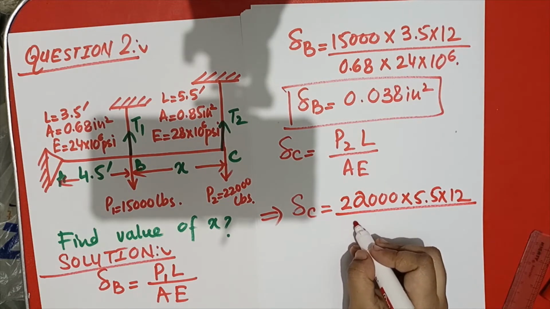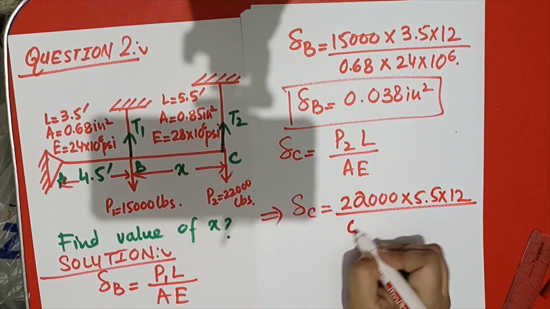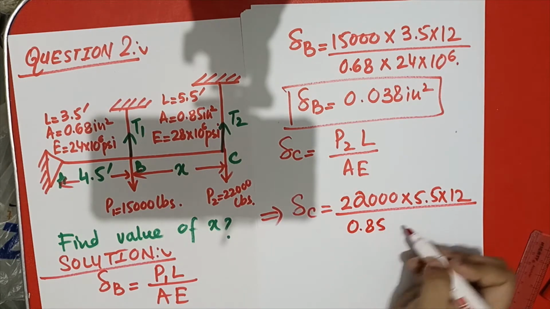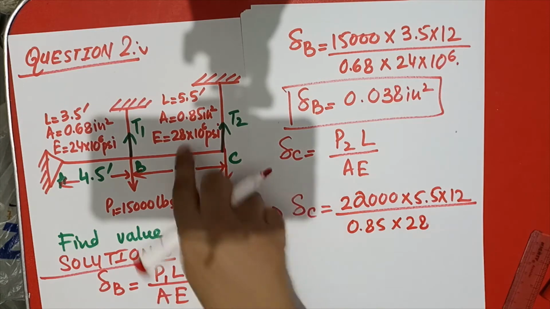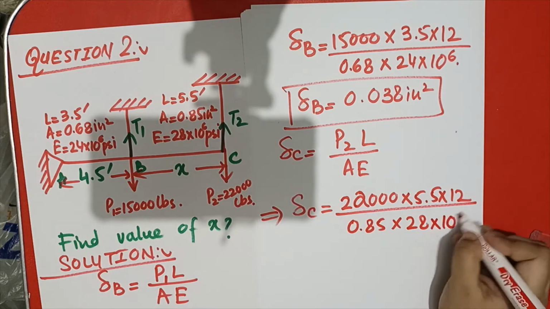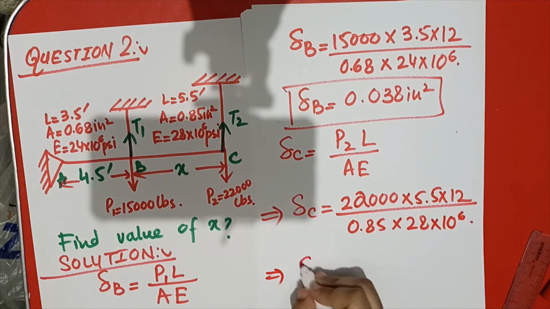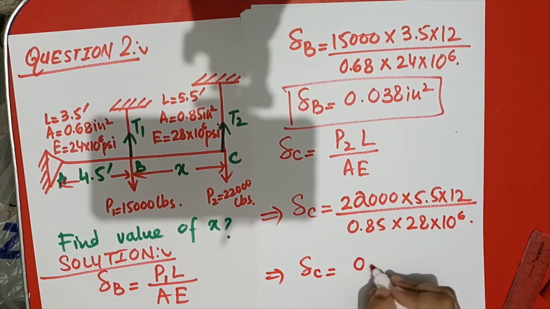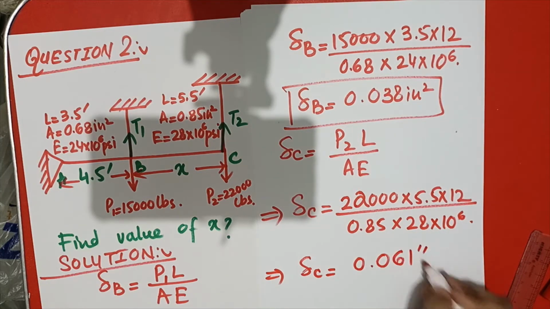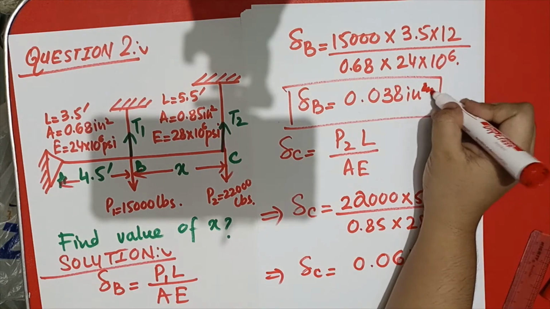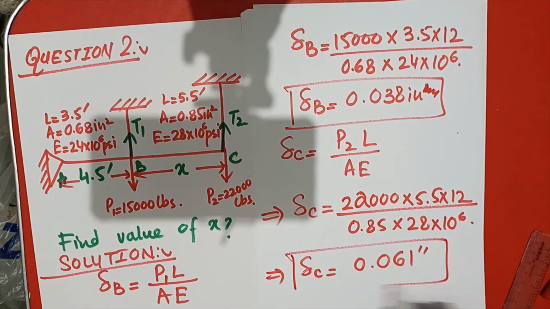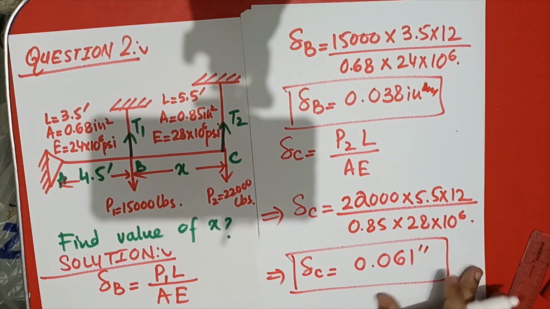The value of A is 0.85 for the second rod, inches square, into E, which is given as 28 into 10 to the power 6. So Delta C comes out to be 0.061 inches. Sorry, it is not inches square, it will be in inches.